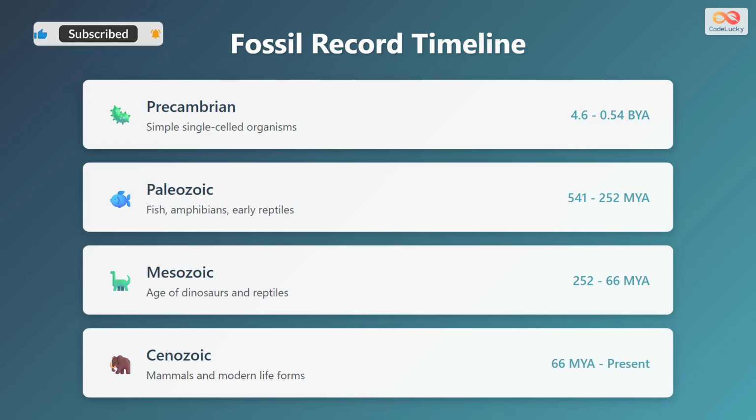The Mesozoic era, lasting from 252 to 66 million years ago, is often called the Age of Dinosaurs because these magnificent reptiles dominated the planet during this time. Finally, the Cenozoic era began 66 million years ago and continues to the present day. This is the age of mammals and modern life forms, including the evolution of humans.